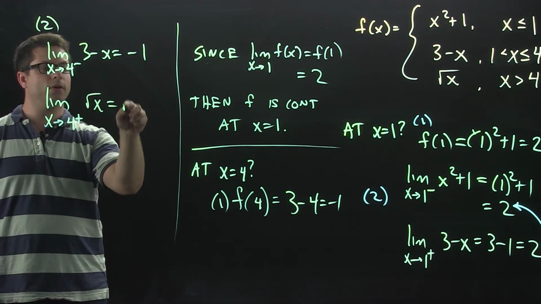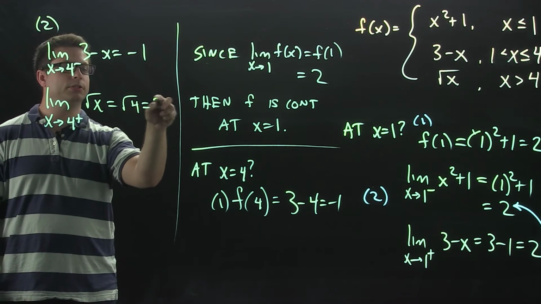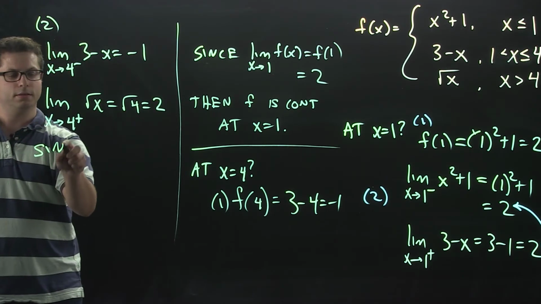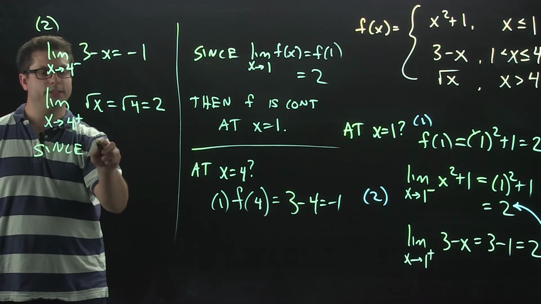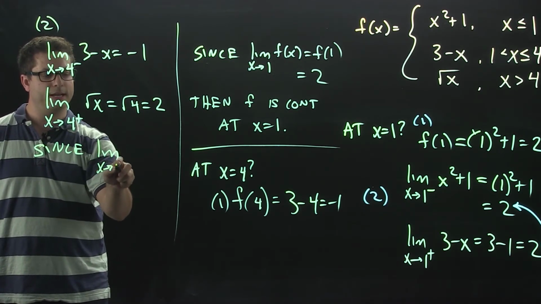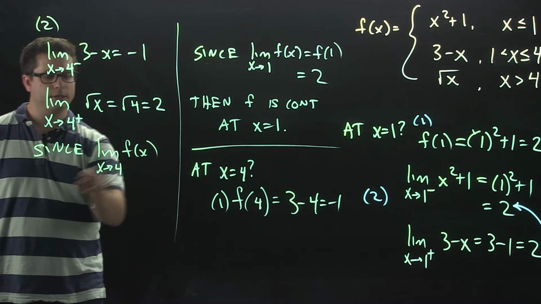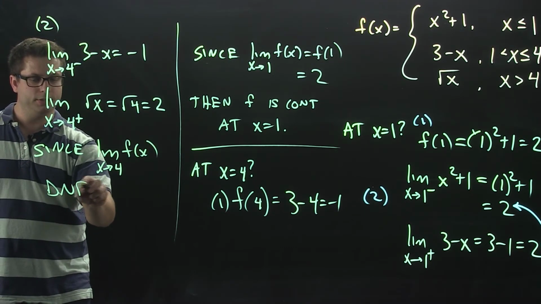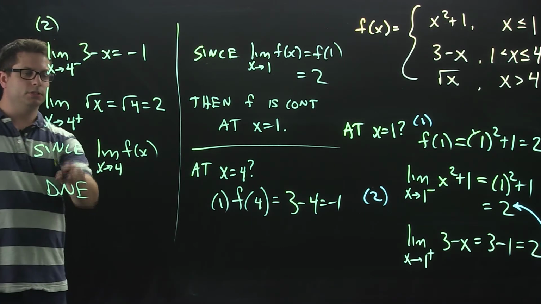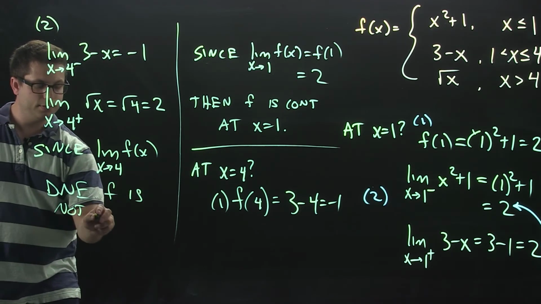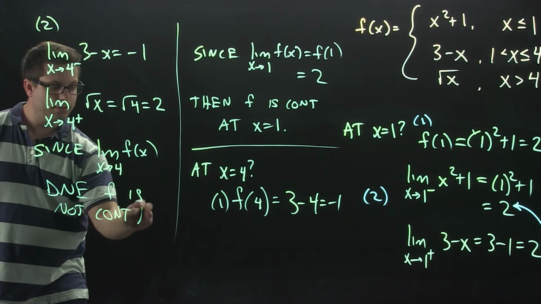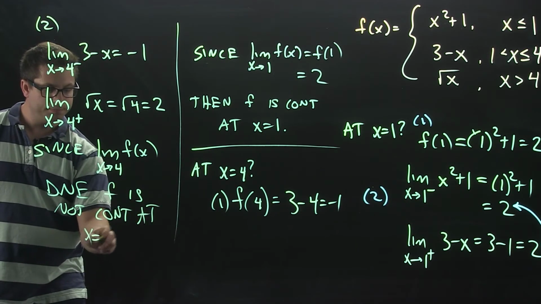So square root of 4. Now since the left-hand and right-hand limits don't match, we get to say that the limit as x approaches 4 does not exist, which we write as DNE. So since this doesn't exist, f is not continuous at 4.